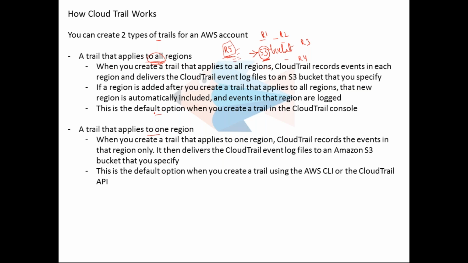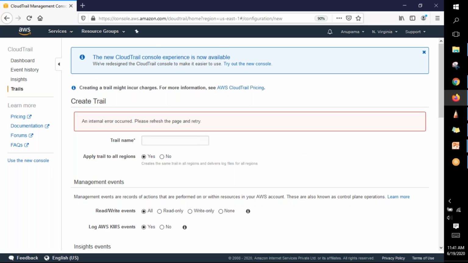This is the default option when you create a trail in the console. If I open the trail and look here, the trail name and apply trail to all regions is yes by default in the console.